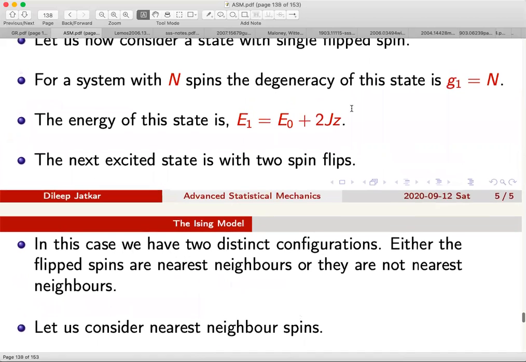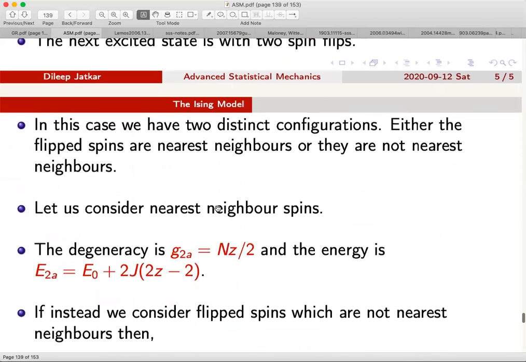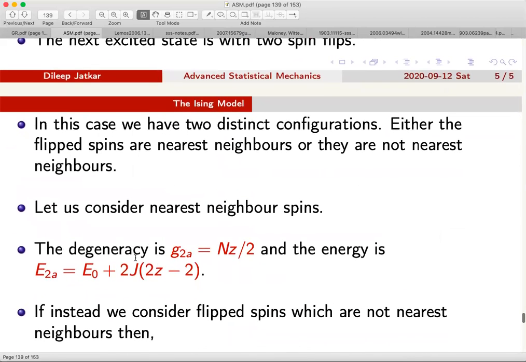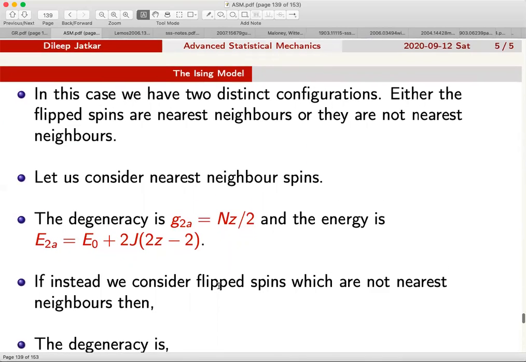That is what we wrote down. Two spins would have a factor 2 times 2jz. But then those two nearest neighbor spins actually have a gain in energy because they are pointing in the same direction, and therefore you need to subtract that factor. Okay, so that is the energy.